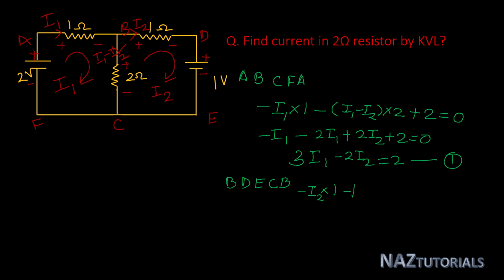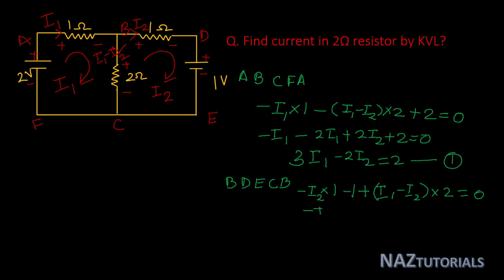And now our next element is the 2 ohm. C to B, there is a rise in voltage, see the polarity, and the current is I1 minus I2 into 2, that is voltage, equals 0.